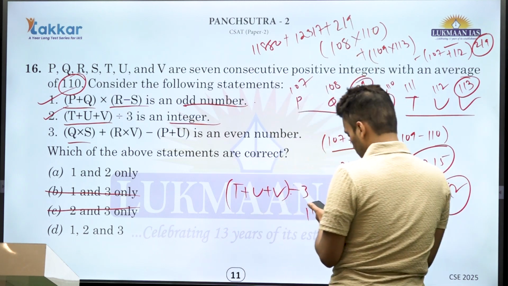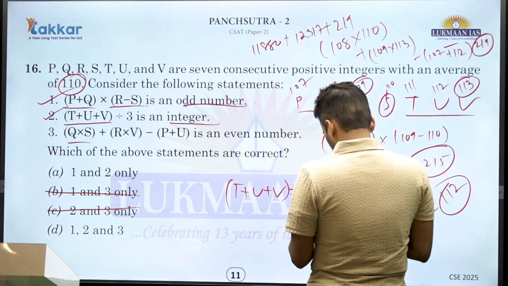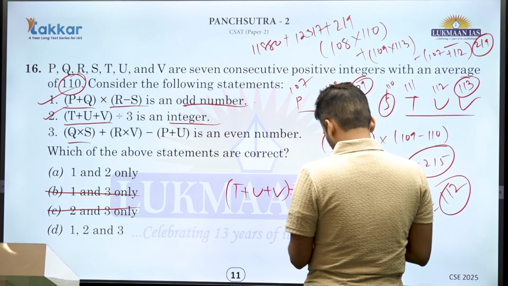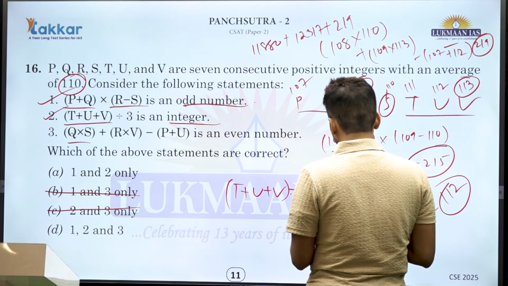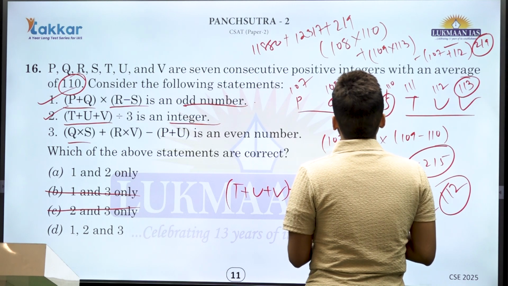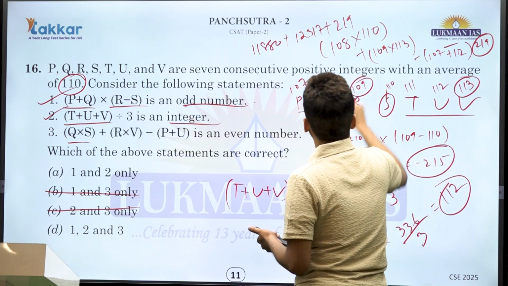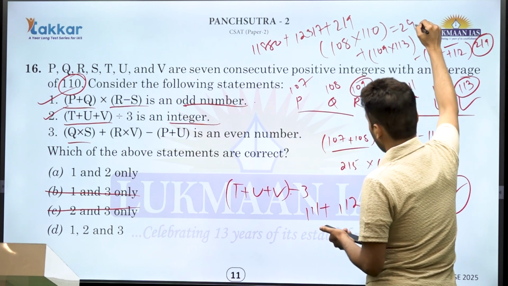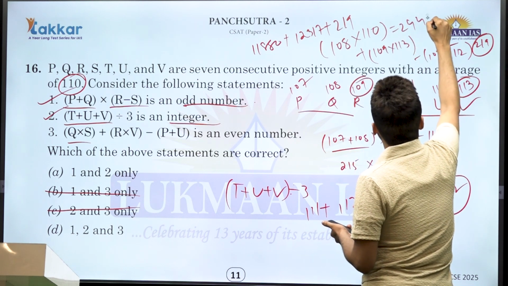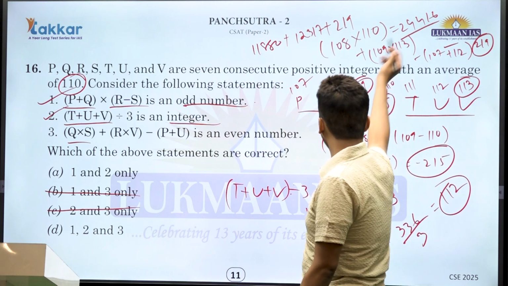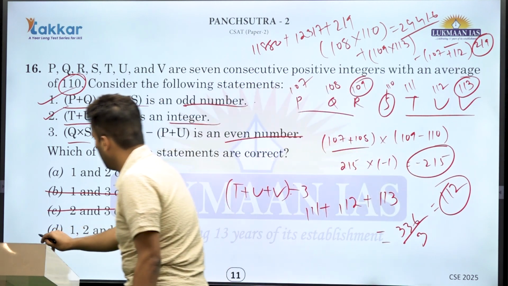Now we will add all this. 11,880 plus 12,317 plus 219 is 24,416, if I am not wrong. 24,416 is the value which we get. Is this an even number? Yes, it is an even number. So D becomes the right answer.